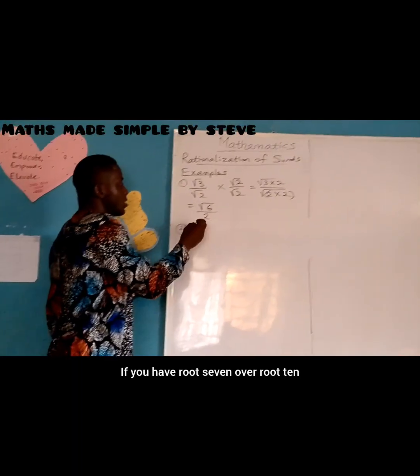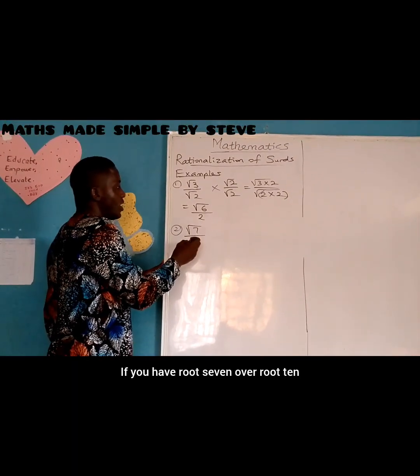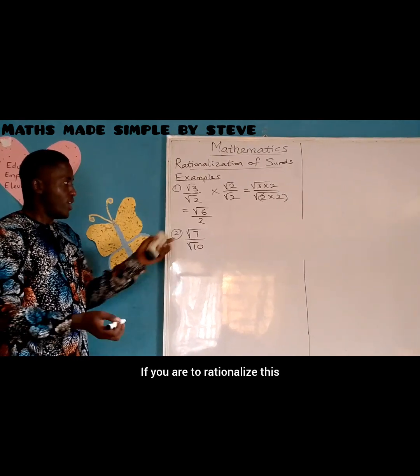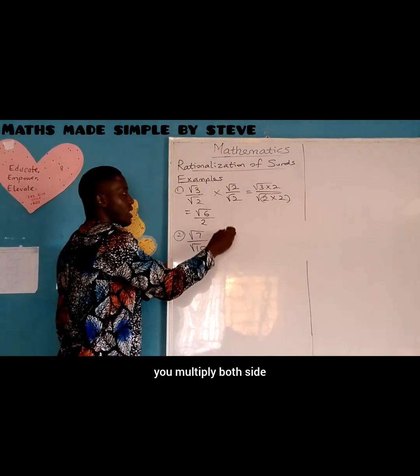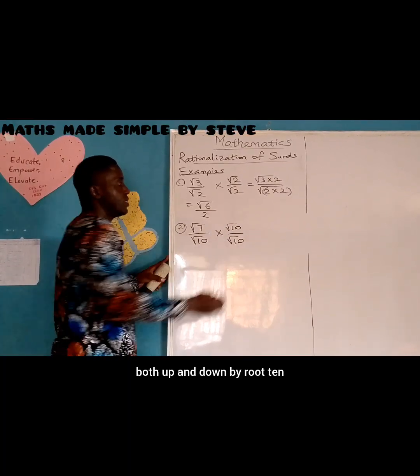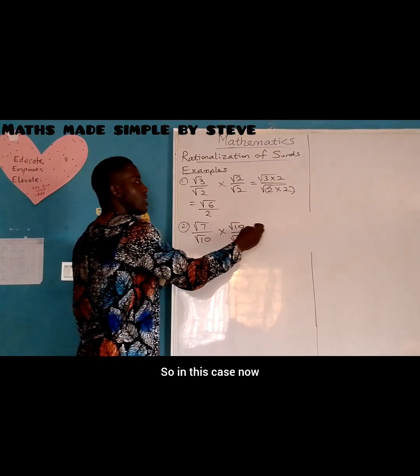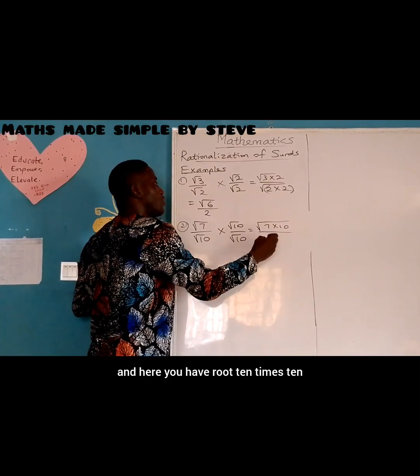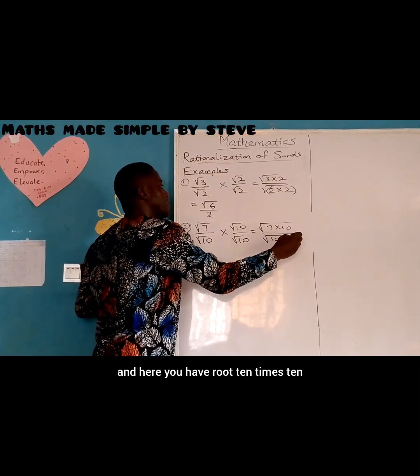If we have root 7 over root 10, if we are to rationalize this, you multiply both sides, both up and down, by root 10. So in this case now, here you have root 7 times 10, and here you have root 10 times 10.